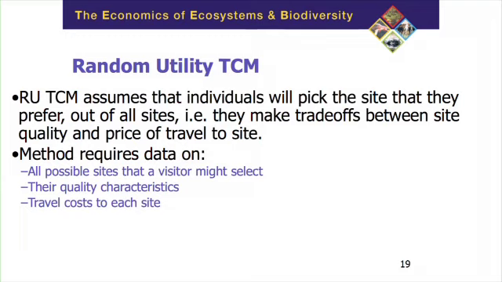The state-of-the-art in travel cost is what's called the random utility travel cost method. I'll say a little bit more about random utility theory when I talk about choice experiments. But what it basically means is that you have a choice about which site you go to. If you're thinking about forests, maybe around Yale there are 5 different forests within an hour's drive.